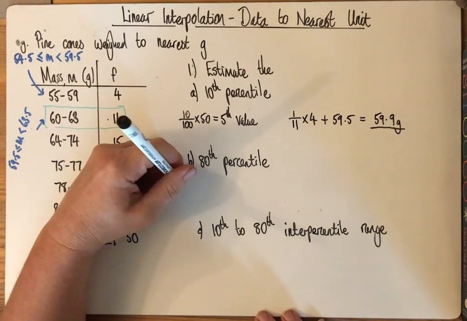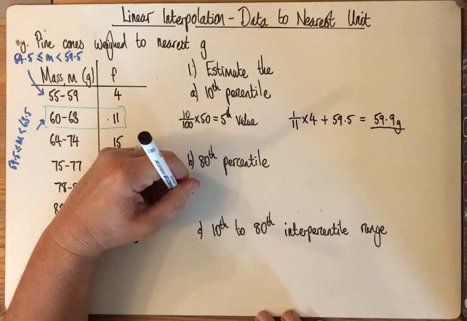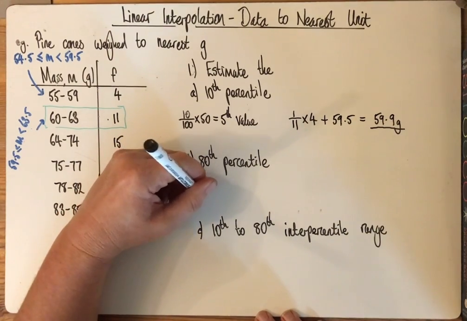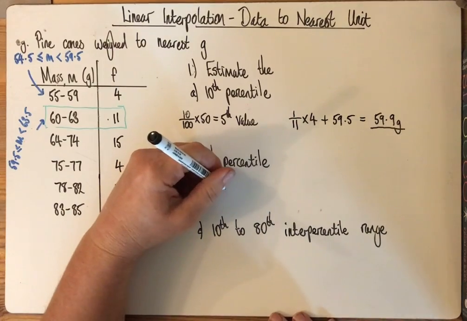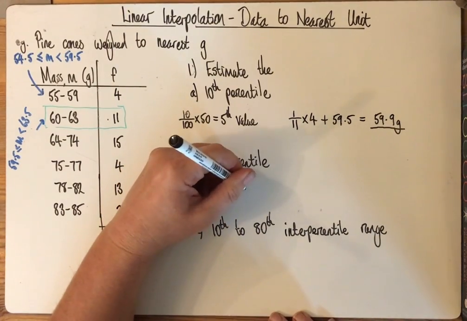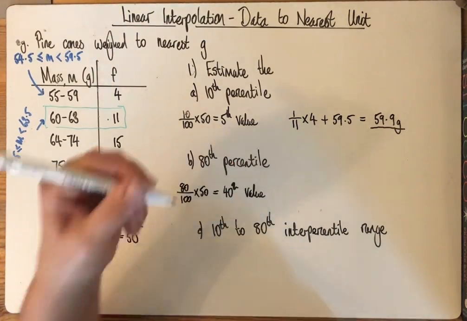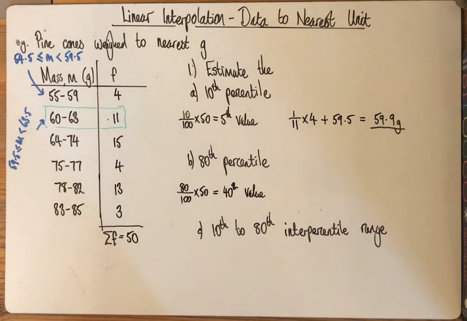To find the 80th percentile, same method. So 80 over 100 times 50 gives you the 40th value. And so we just need to find whereabouts that is.